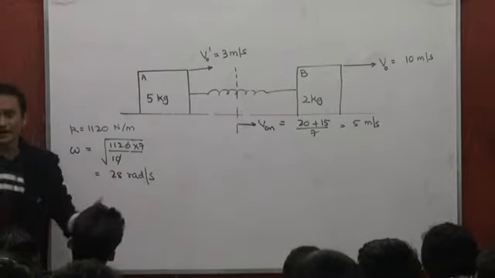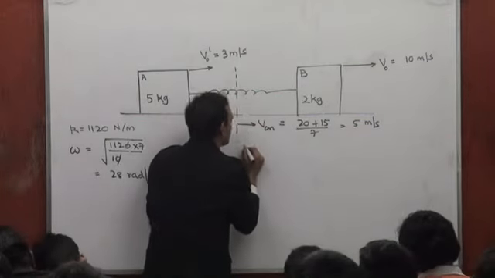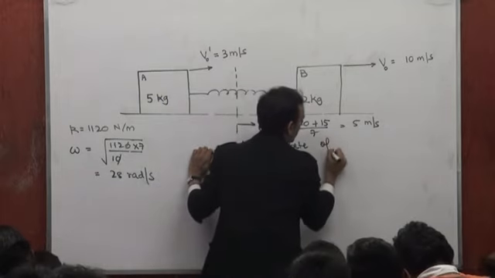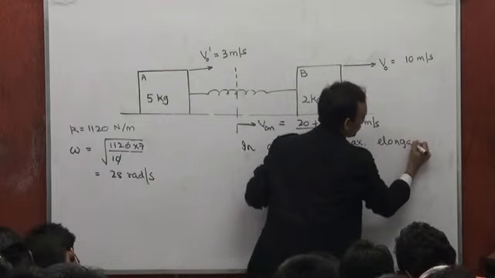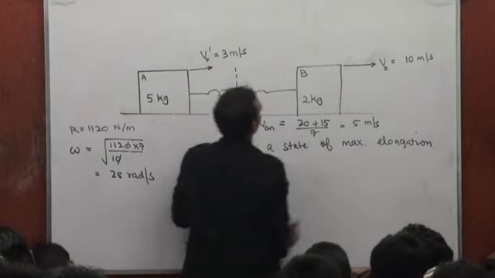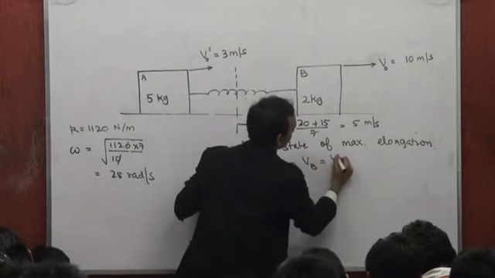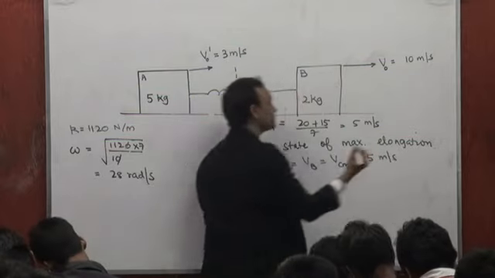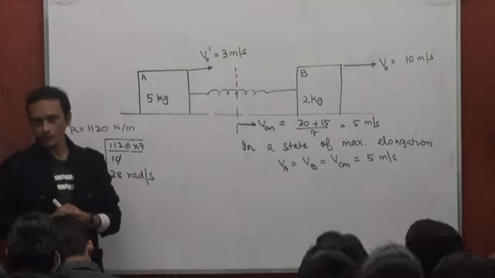So in a state of maximum elongation, velocity of A is equal to velocity of B. Each must be equal to the velocity of the center of mass, which is 5 meters per second.